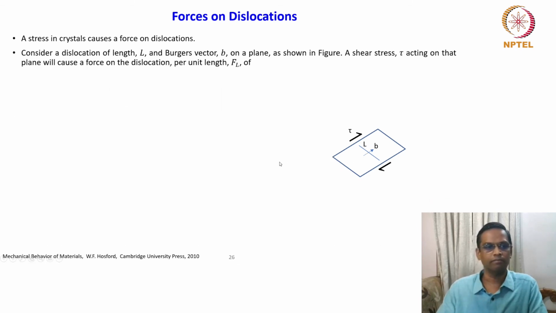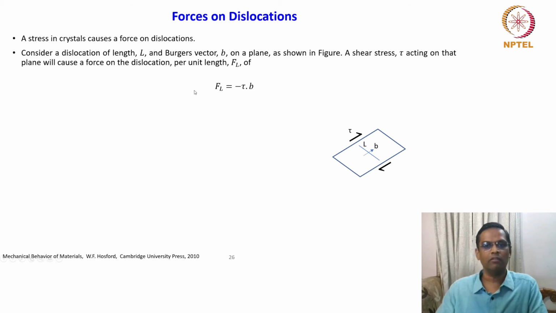So then what happens? The shear stress tau acting on that plane will cause a force on the dislocation per unit length, that is FL. When we measured the energy also, we measured the energy per unit length, right? So here again, force per unit length, FL, because we are measuring the dislocation in length.